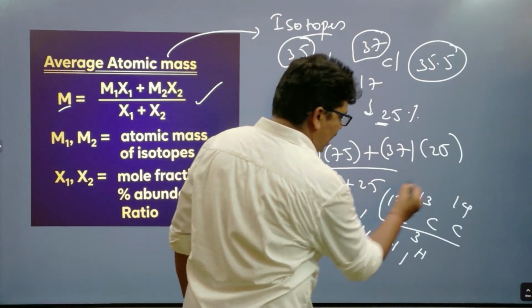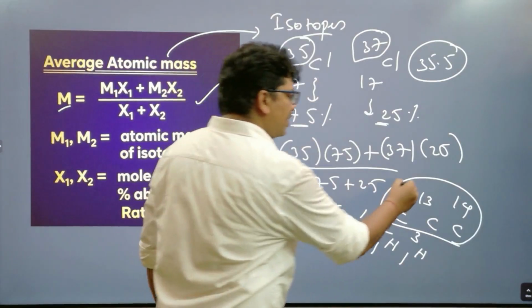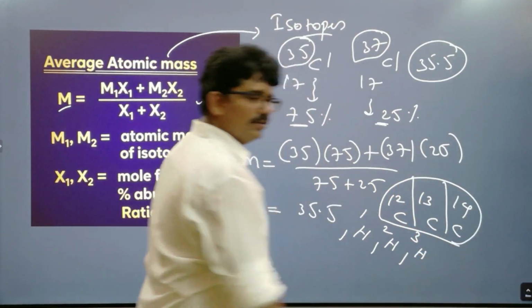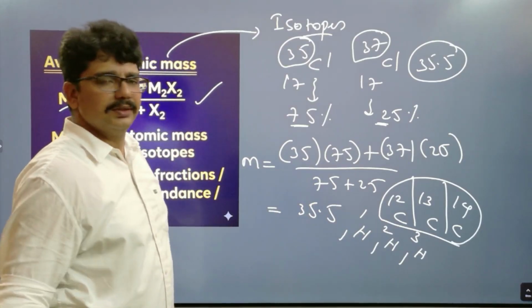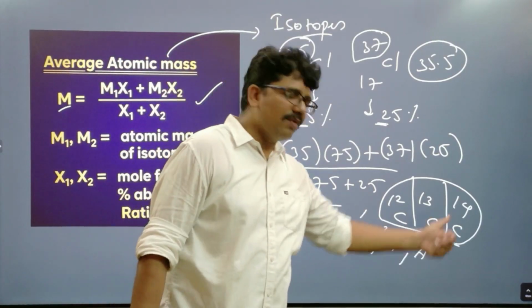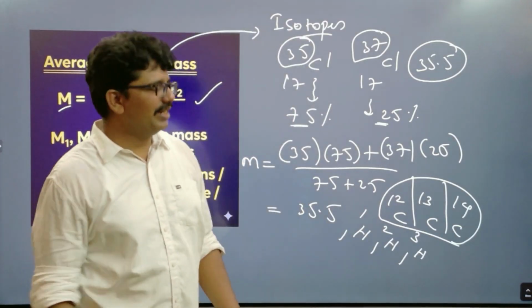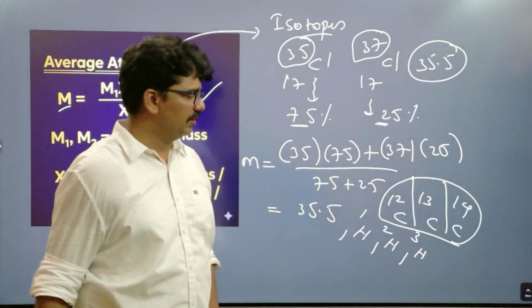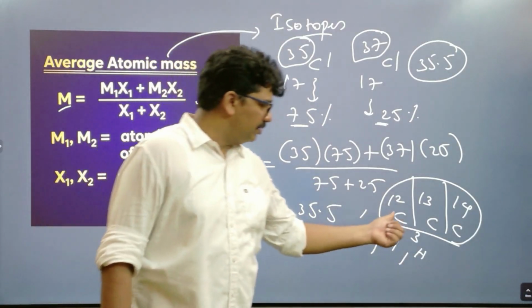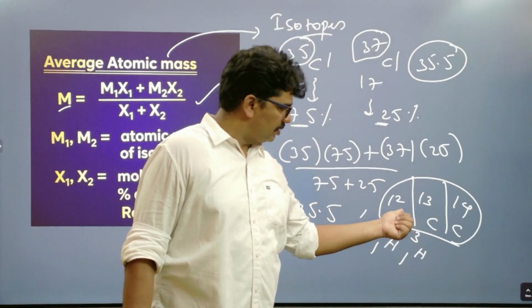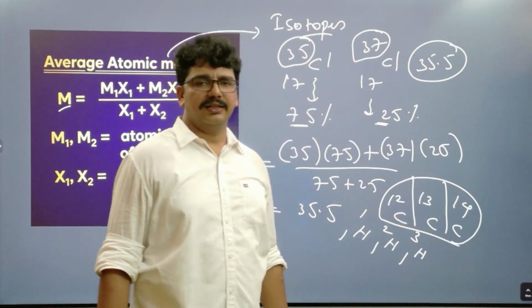First I am coming to carbon isotopes. What is the atomic mass of carbon? We will take 12. We used to say 12. So this carbon 13 and carbon 14 percentage abundance is negligible, 0.000 like that. So in such cases, you can take this atomic mass directly.